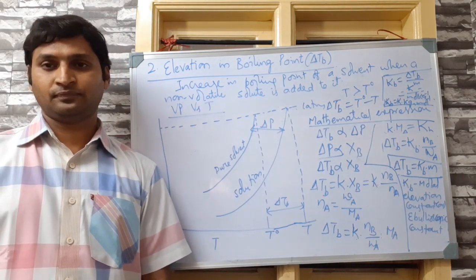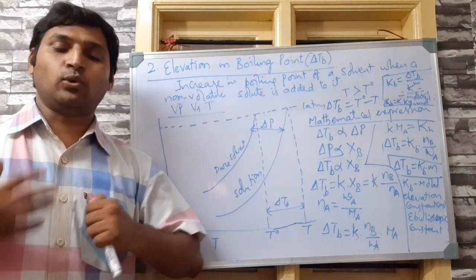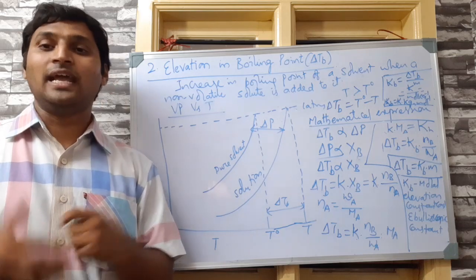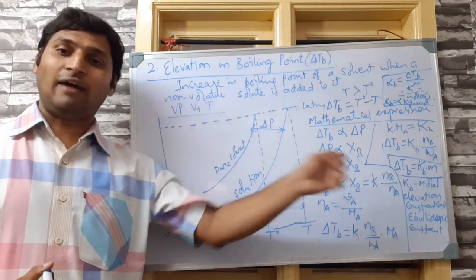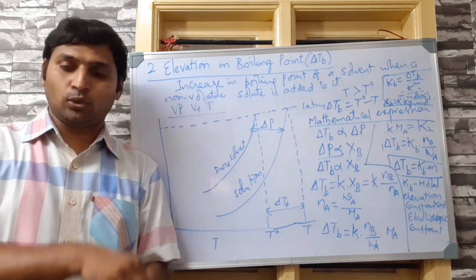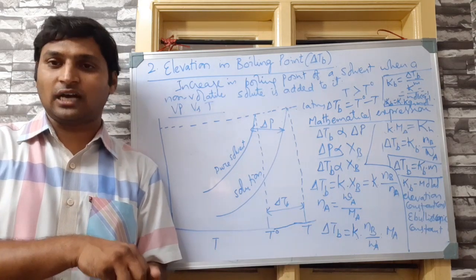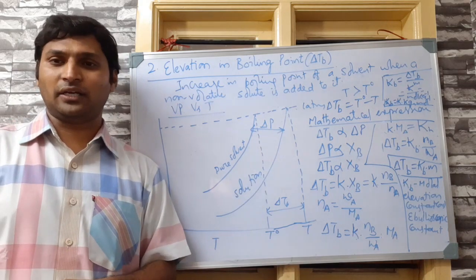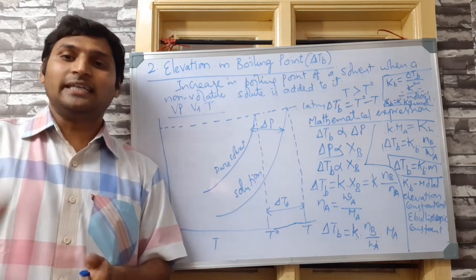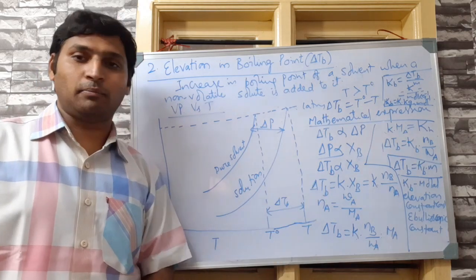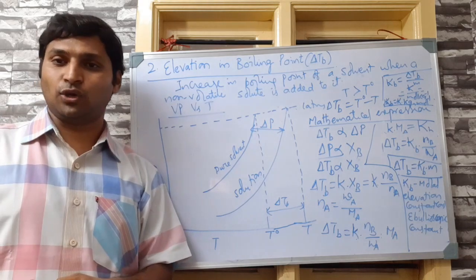So far clear? Now the only thing we are left out is how molar mass of an unknown solute is determined using the value of delta Tb. Means an unknown solute came to the laboratory, I add it to a liquid in which it is soluble and prepare a dilute solution and determine elevation in boiling point. That's an easy process. Determine elevation in boiling point, and from the value of elevation in boiling point, I find molar mass of that unknown solute.